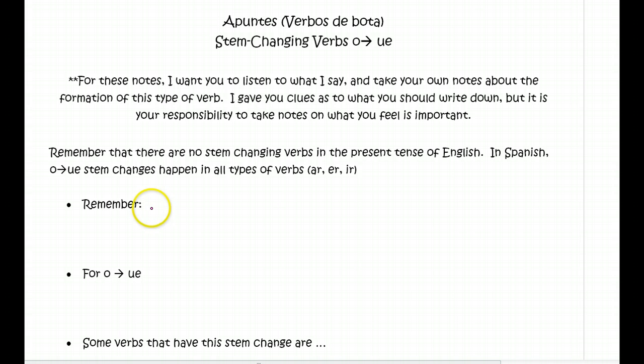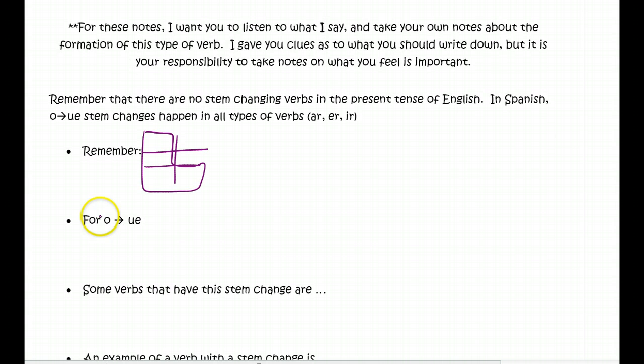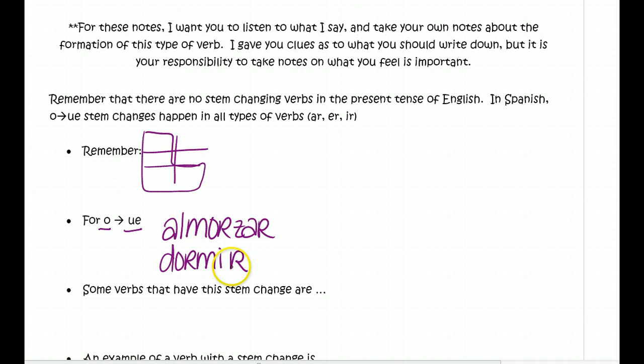Remember, when a verb is a boot verb, that means that in our chart, only the forms inside the boot will change. For an O to UE boot verb, the O that's in the verb is going to change to a UE. Some verbs that we have are almorzar, which means to eat lunch, and dormir, which means to sleep.